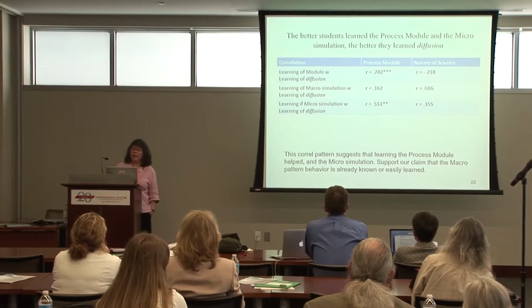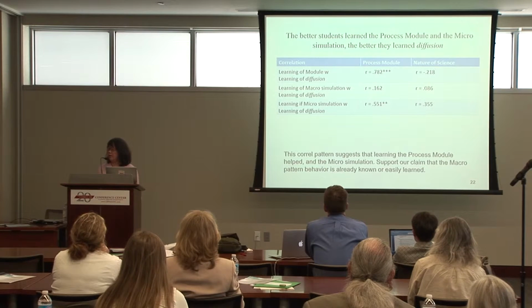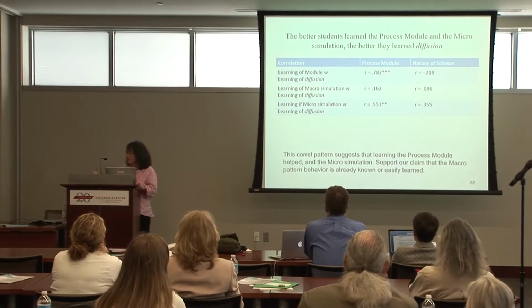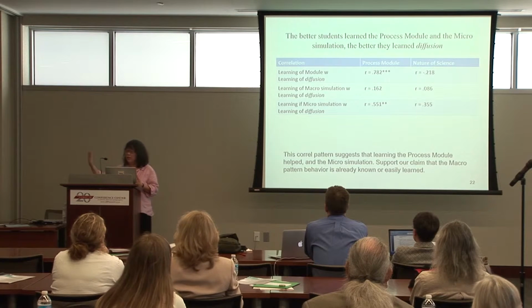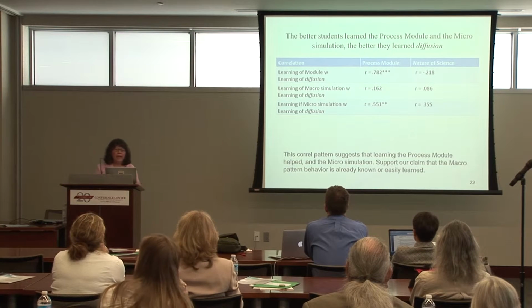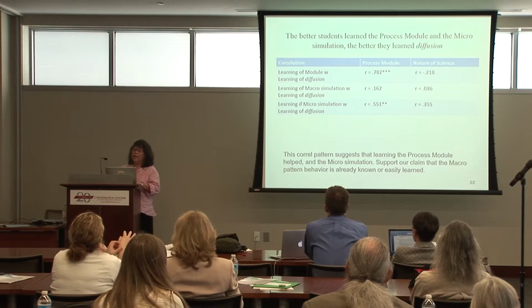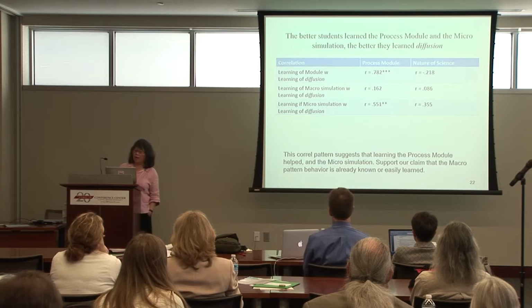If they learn the macro simulation well, there's no correlation with their understanding of diffusion, as I said earlier, because the macro level information is what you're fairly familiar with, and your analogies are actually correct, whatever analogy you want to refer to. But the micro simulation, on the other hand, if you understood that well, that correlates significantly as well. So the micro simulation obviously did help.